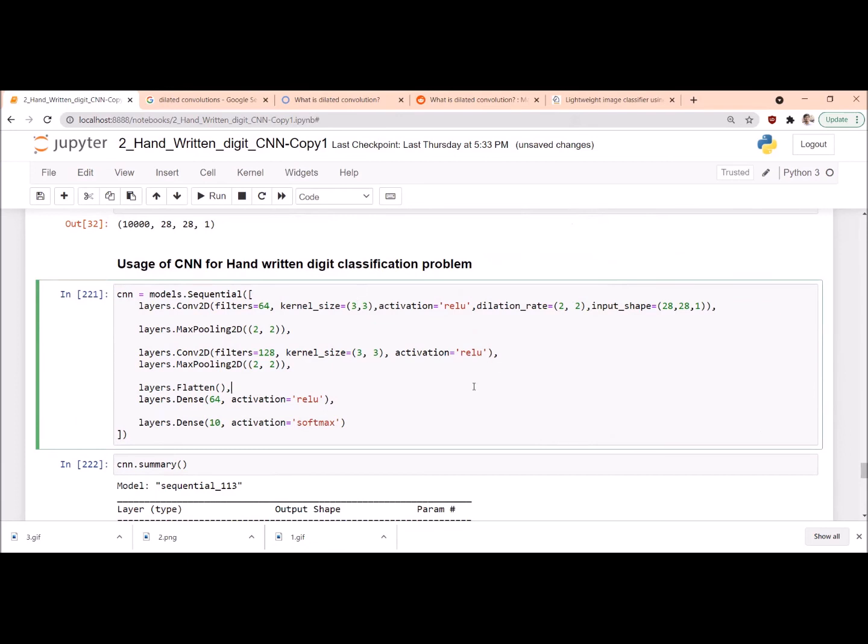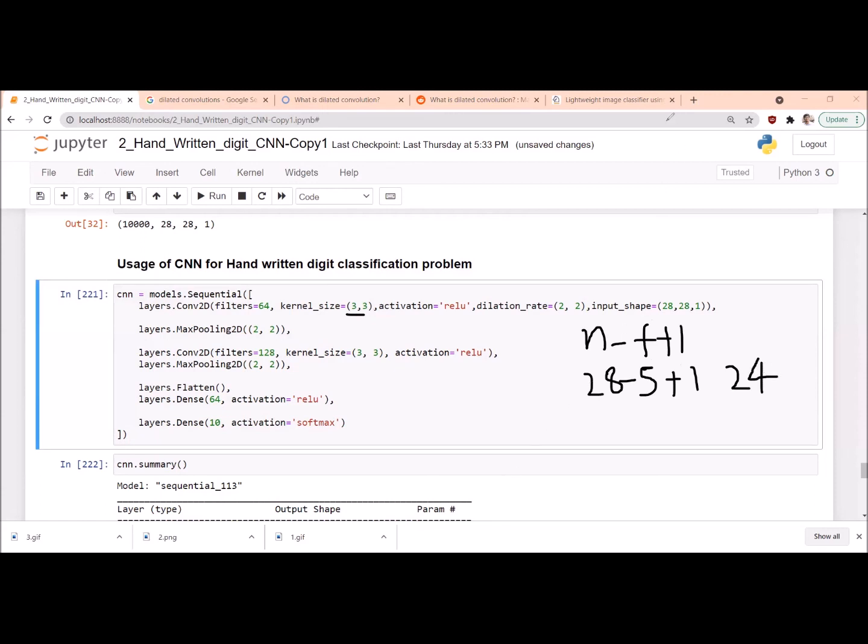Before executing, we will calculate the output feature matrix size, n minus f plus 1. Here n is 28. F is, even though we have considered 3, because the dilation rate is 2, this filter acts like 5, plus 1. Now we have 24. The output matrix size is 24.